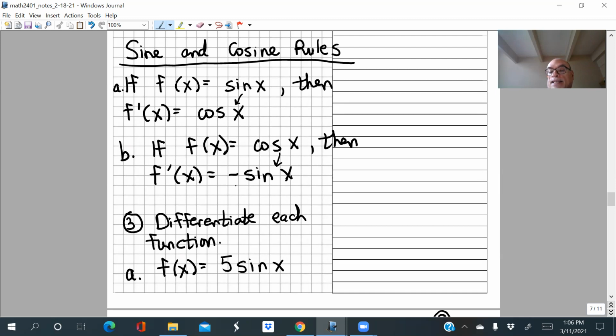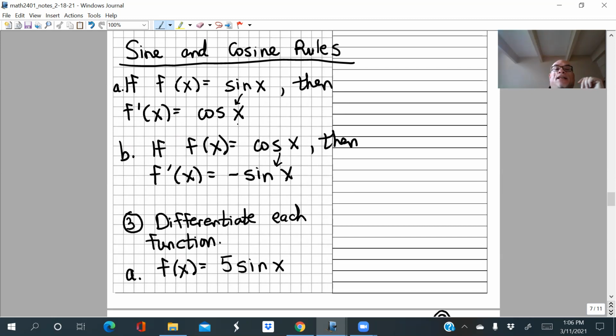It's minus the sine of x. So the derivative of cosine x is not just sine x, it's minus sine x. So the derivative of sine x is cosine x, very easy to remember. Also easy to remember with this one extra catch: the derivative of cosine x is minus sine of x.